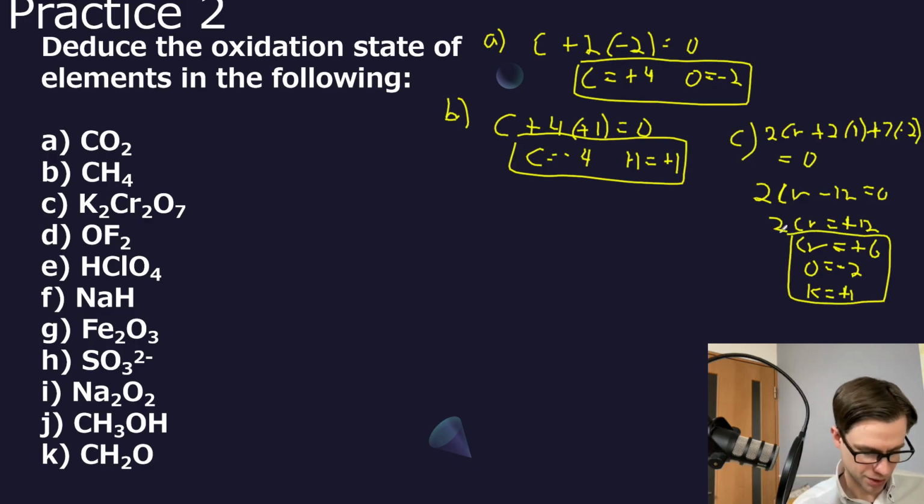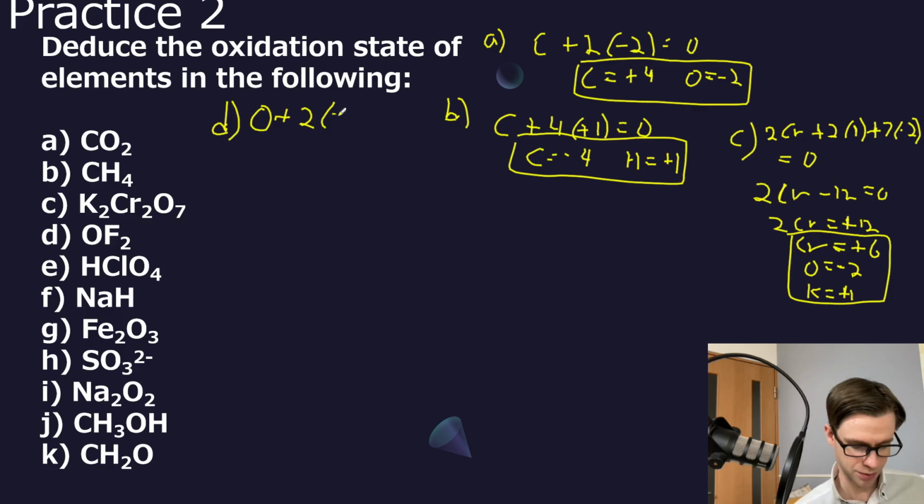Okay, let's move over here for D. OF2. Warning, this is an exception compound. Fluorine has a very high oxidation state, so we're going to choose O as our unknown, even though it's usually minus 2. We know it can't be here. Plus 2 times fluorine.